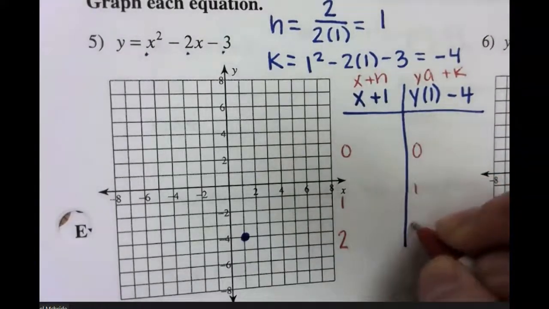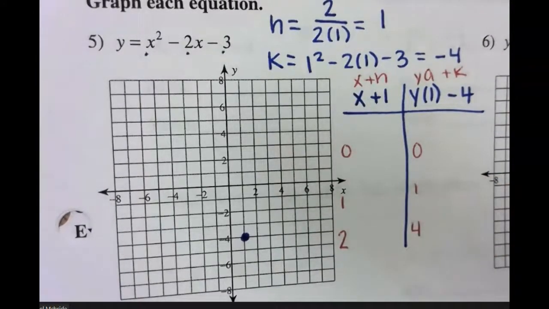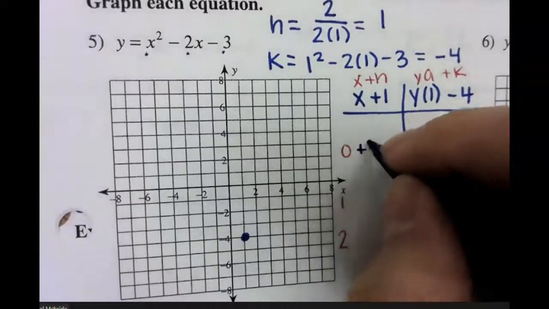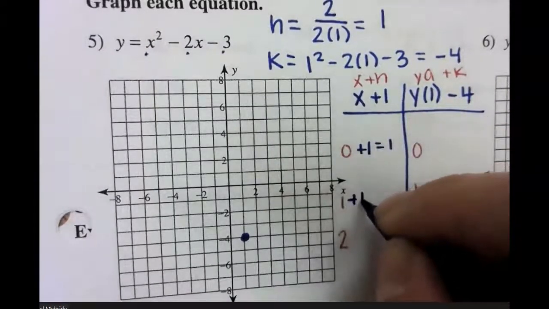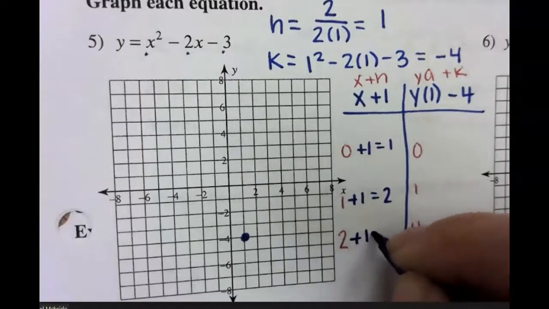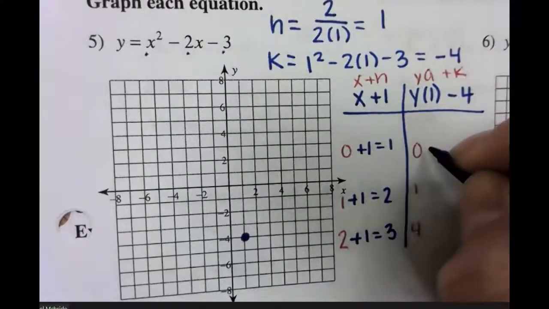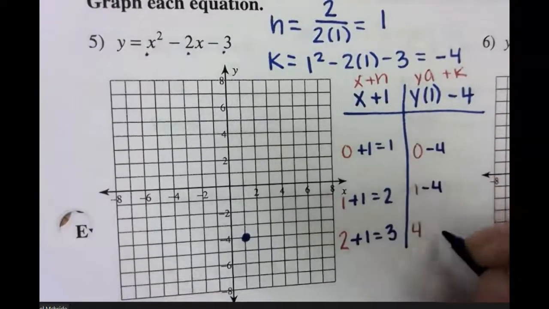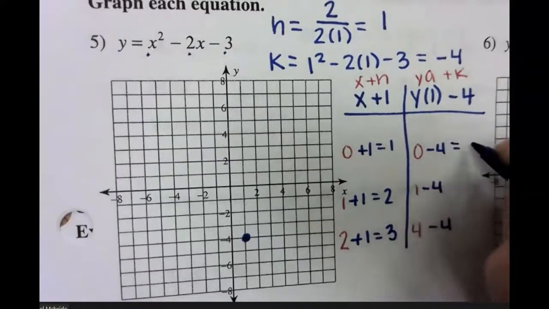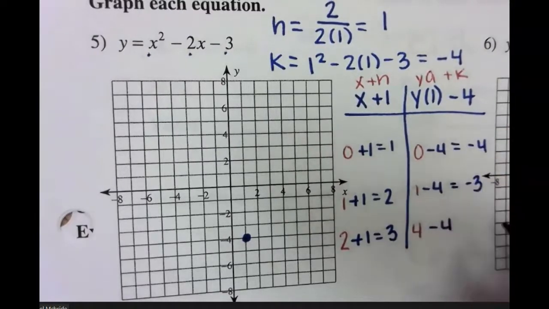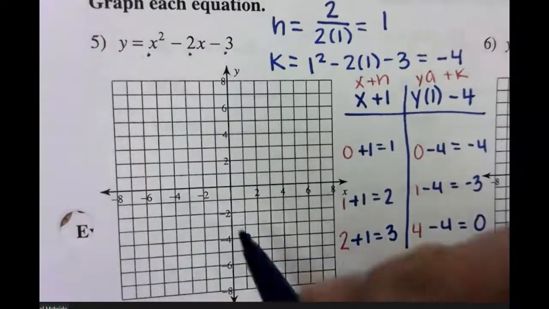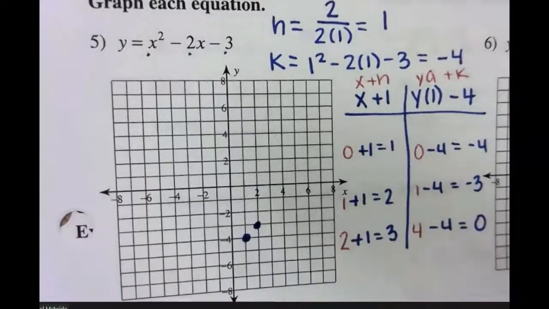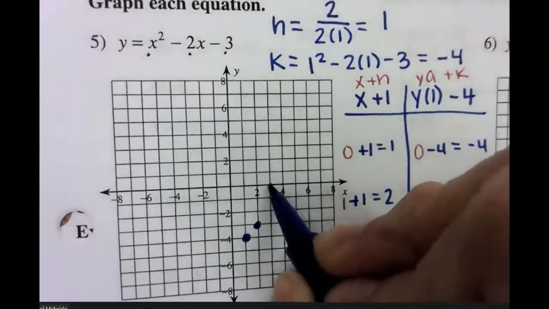The y always goes 0, 1, 4. And then we apply our transformations. So adding 1 on the left and subtracting 4 on the right. So you have 1, negative 4, 2, negative 3, 3, 0.